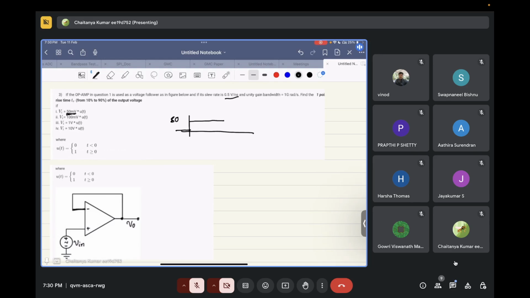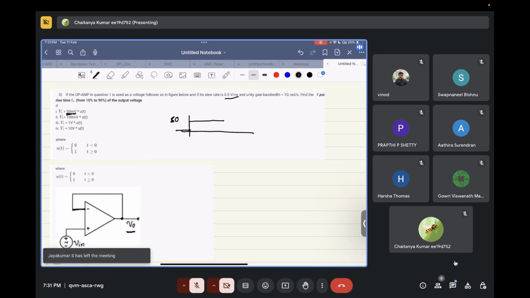This is the maximum rate at which the op amp can operate. This is kind of the saturation of the op amp: if the output wants to increase at a rate faster than what is given over here, then it will just get restricted to that. This is basically a non-linear phenomenon.